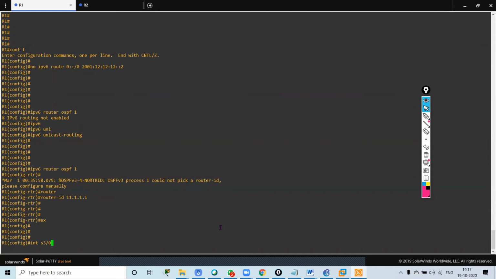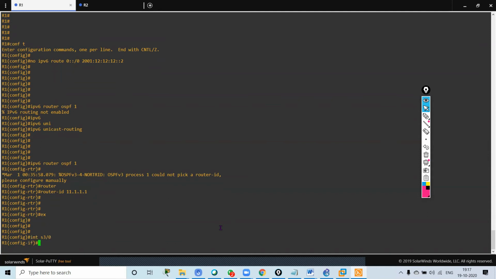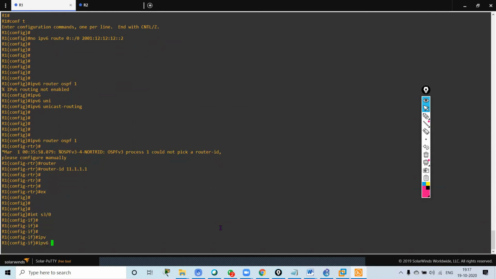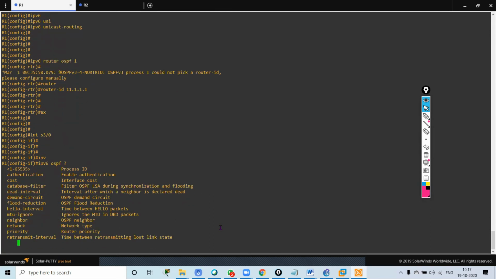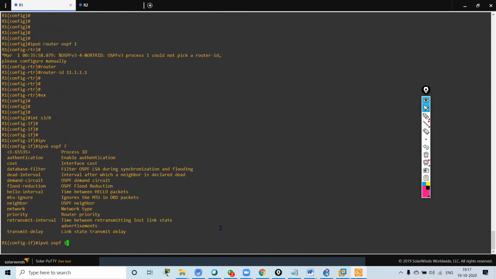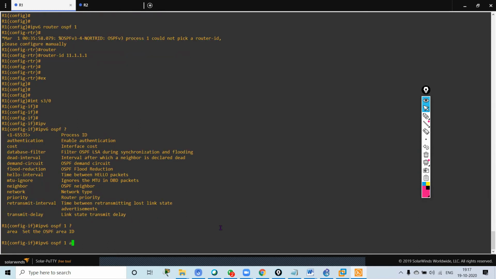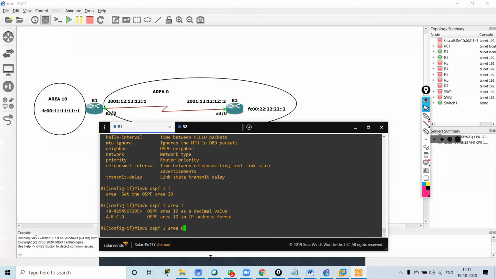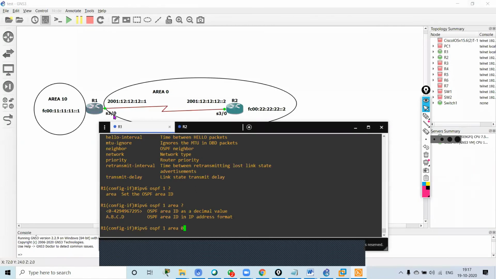So I'll go in interface serial 3/0, and here I have to give the command IPv6 OSPF, then the process ID, which is 1. Then I have to give the area and the area ID. This interface serial 3/0 will be in area 0.